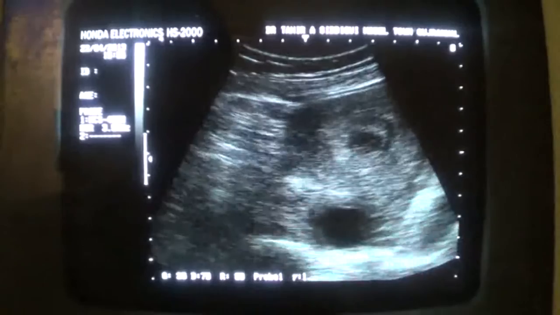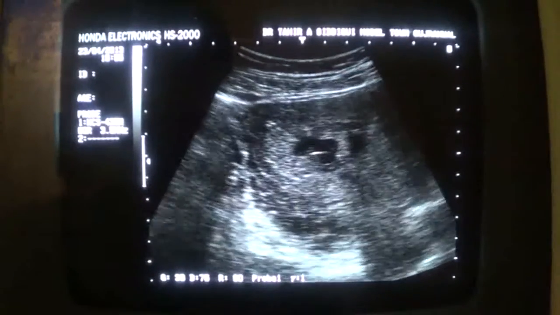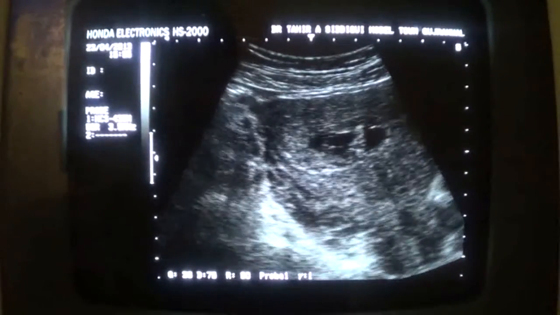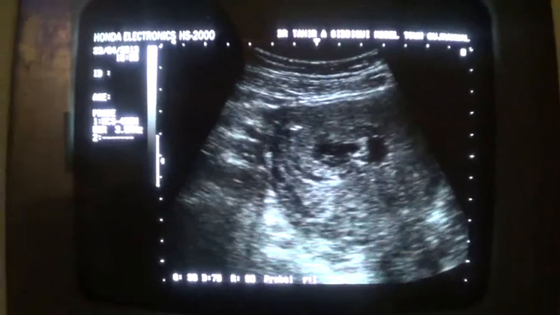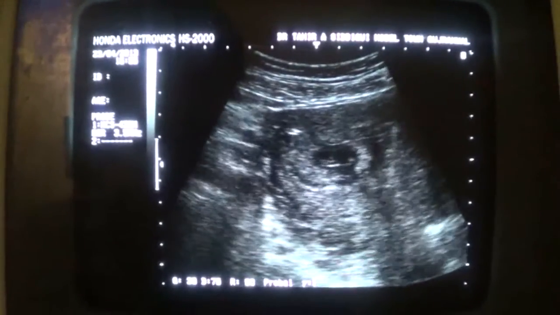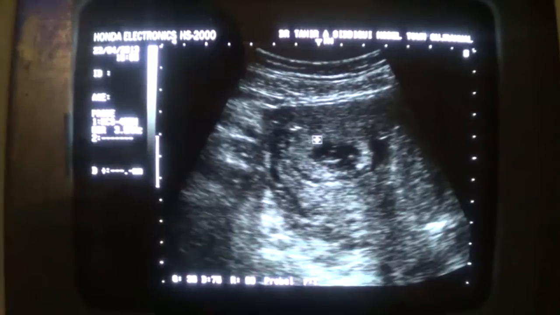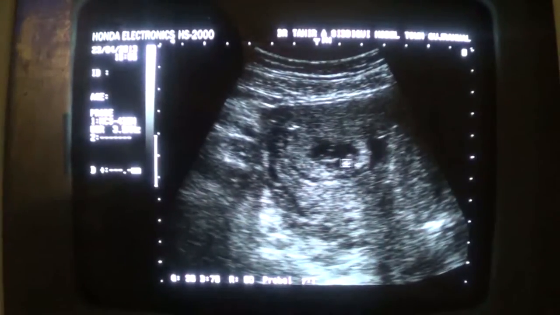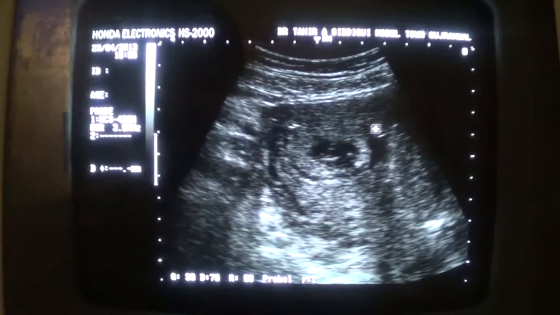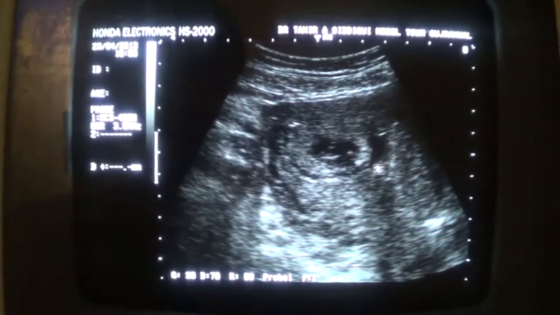So here you will see that there is bleed along the sac. Now this is the sac, gestational sac with internal echoes, and this is the peri-sac bleed.